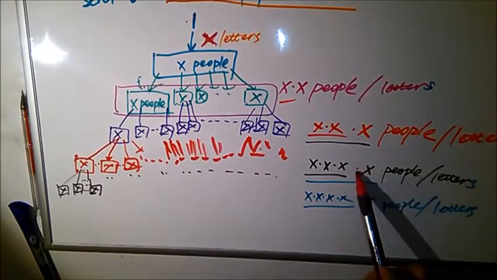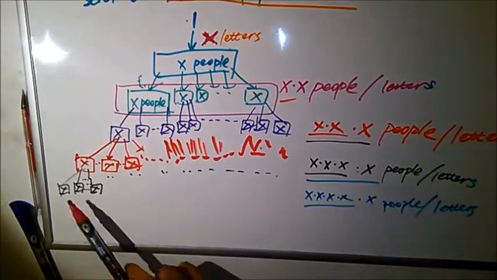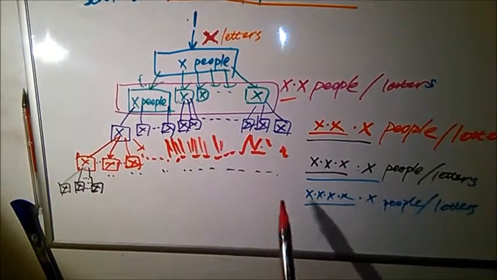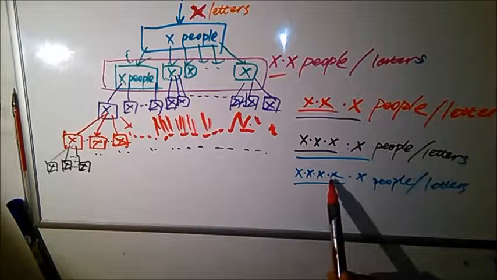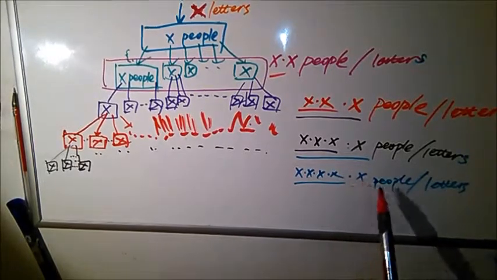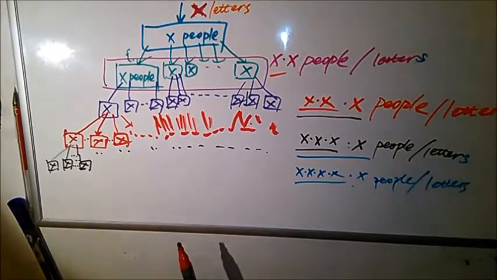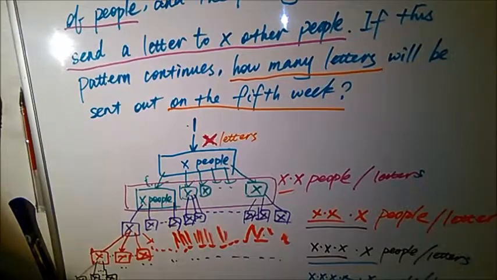And in the 5th week, the same thing happens. Those X people send out X letters to X people. So we'll have X times X times X times X times X people. So the answer, how many letters will be sent out on the 5th week?